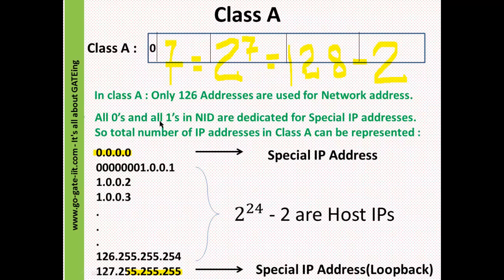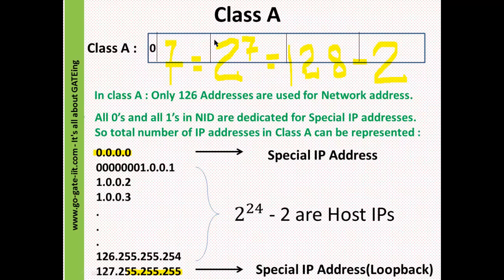Again, all zeros and all ones in the network ID are dedicated for special IP addresses. You can notice here that if 7 bits are 1, that makes 127, and 255.255.255, all ones in host ID, are special IP addresses. So the total number of IP addresses in class A can be represented as follows.